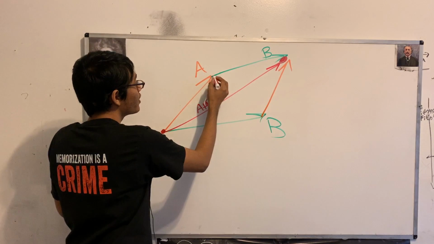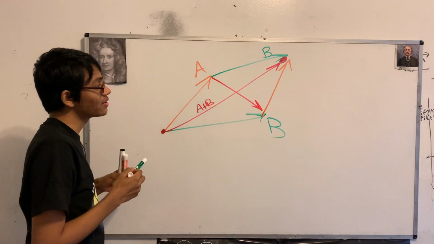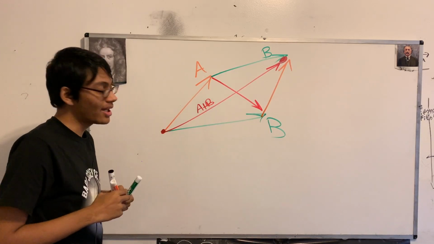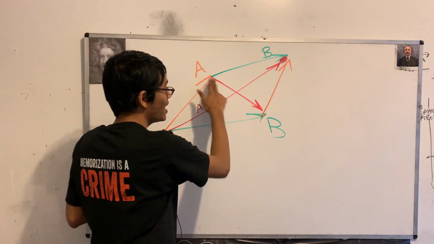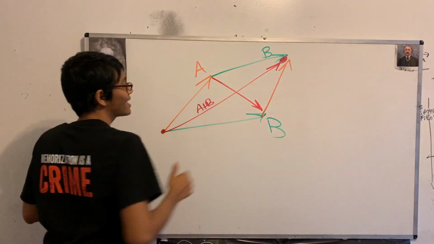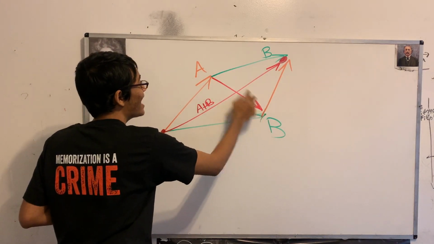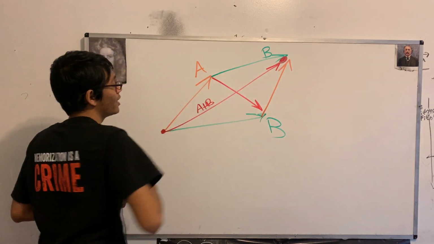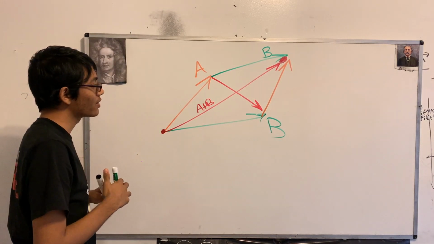But check it out. This other diagonal is going to be what? Is that going to be A minus B? Almost. What you have to figure out now is where the head of A minus B will go. We know A minus B will be in this direction, but where will its head be? Will its head be here or here? That's what we have to figure out. And here's a neat little way to figure that out.